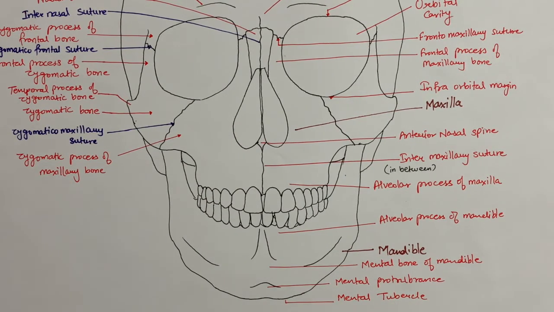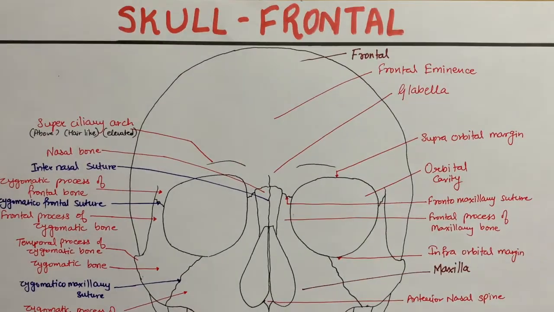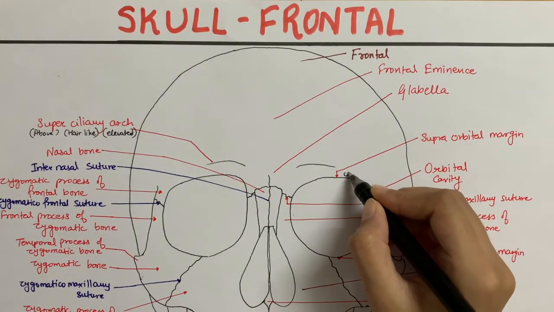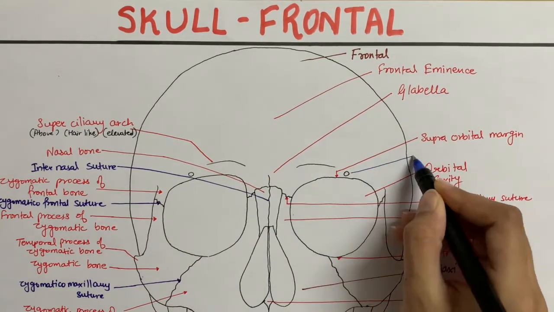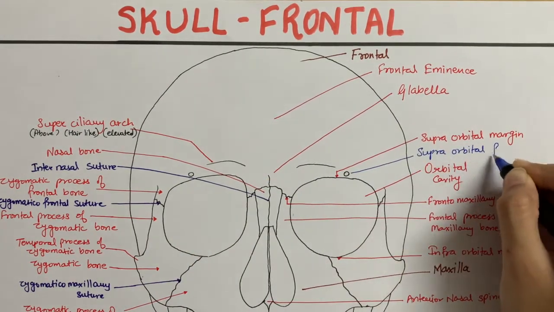Next, we're going to look into the foramina. There are four different types of foramina, and they are all in pairs, so one foramen on each side of your face. These four foramina are supraorbital, infraorbital, zygomaticofacial, and mental. These are named based on the bony surfaces where they are situated.